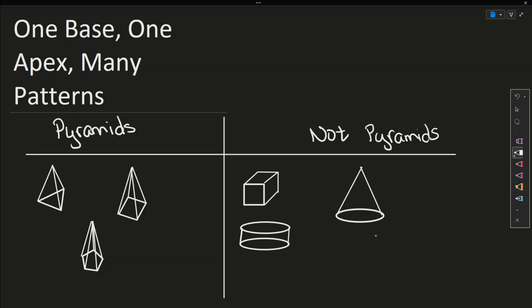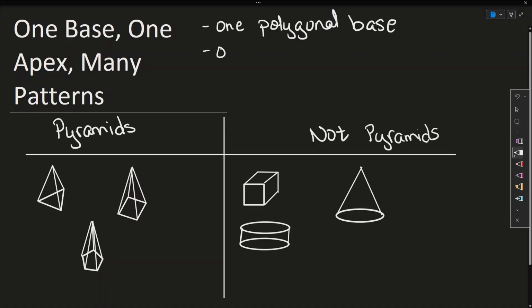Let's begin with examples of pyramids and non-examples. So, what makes these solids on the left pyramids? The main features are: there is one polygonal base. The other faces are all triangles.